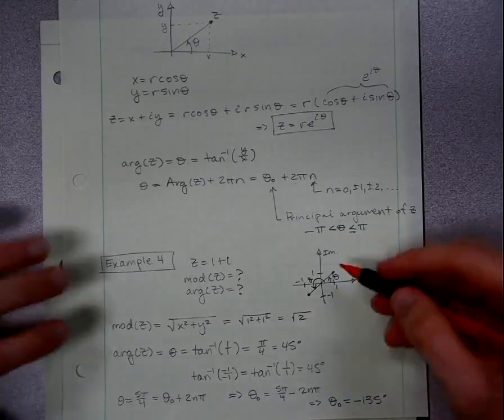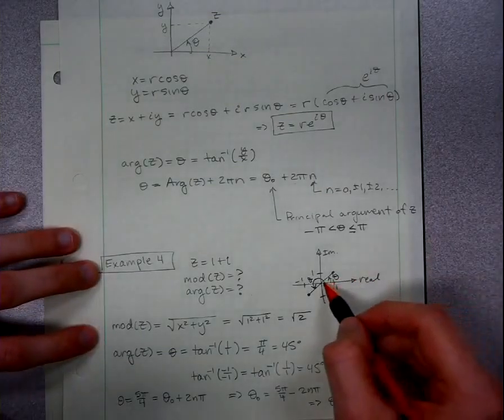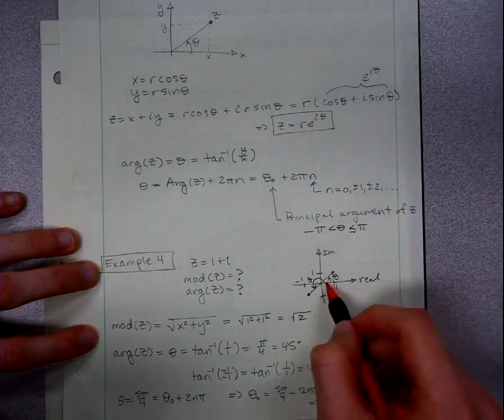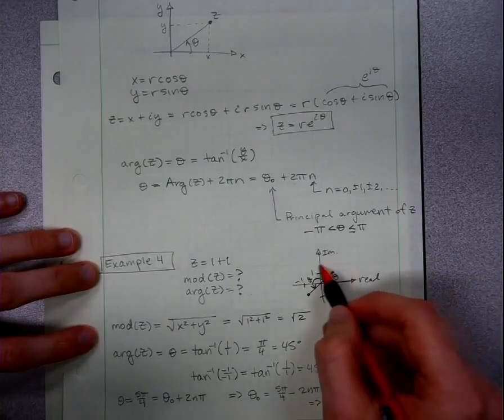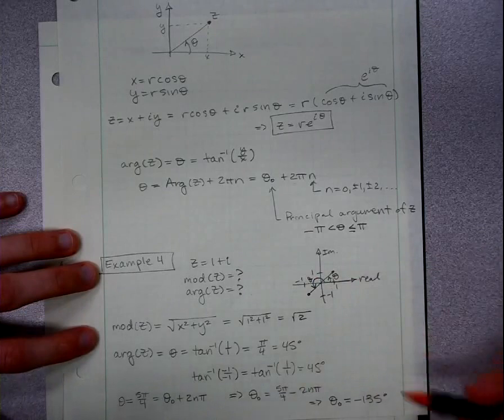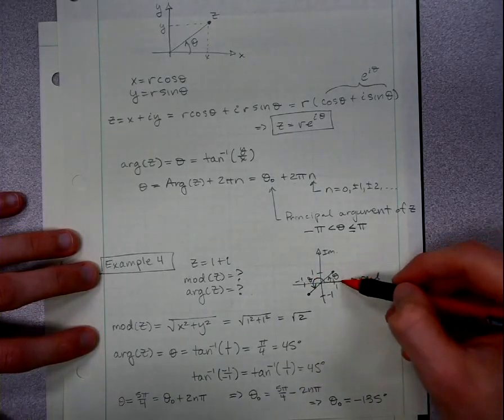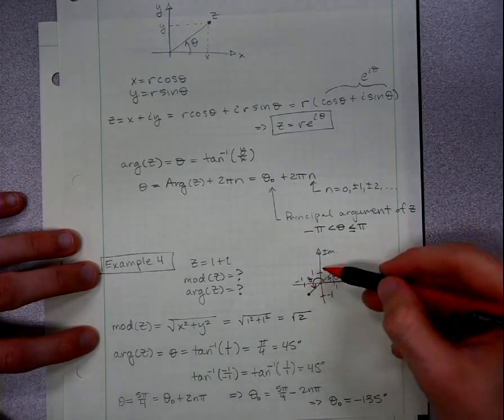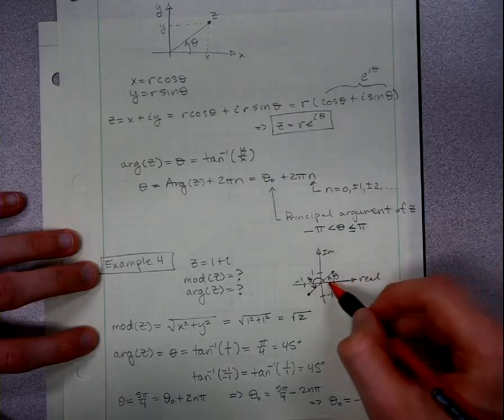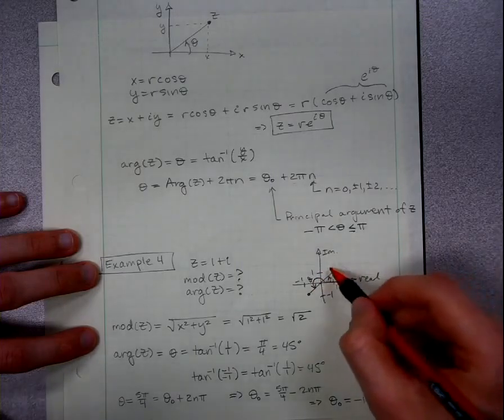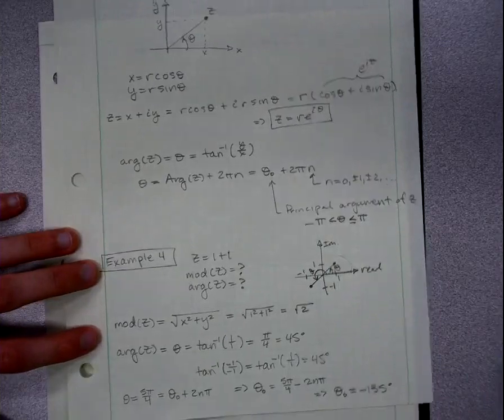Well, yes. When you measure this theta angle, you always start from the positive real axis and measure counterclockwise. So if we get a negative angle, then that just means that yes, we're going clockwise. But theta is defined as starting from the positive real axis going counterclockwise. That makes sense. Okay.